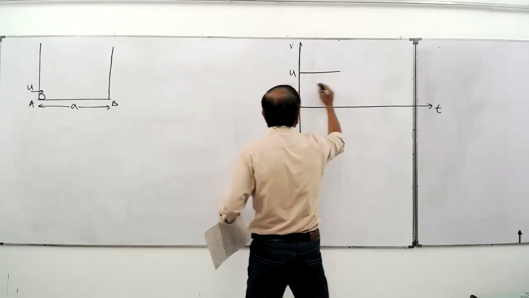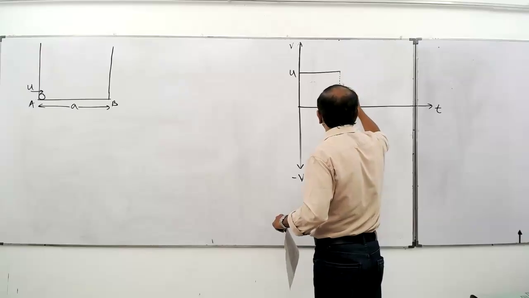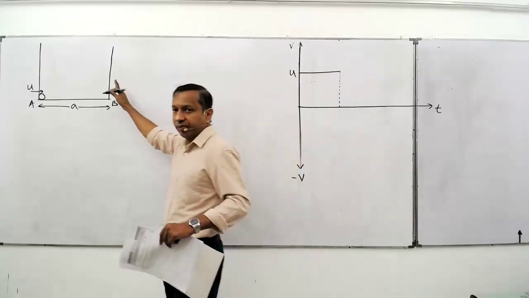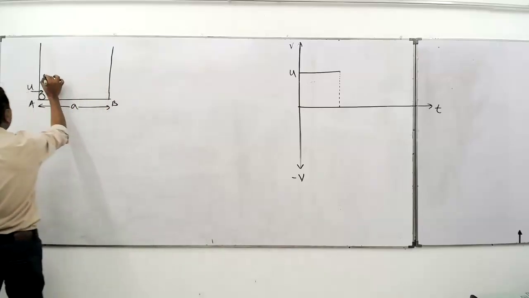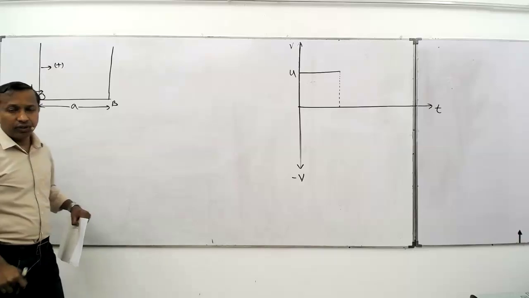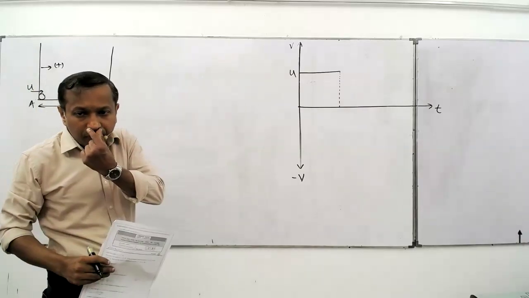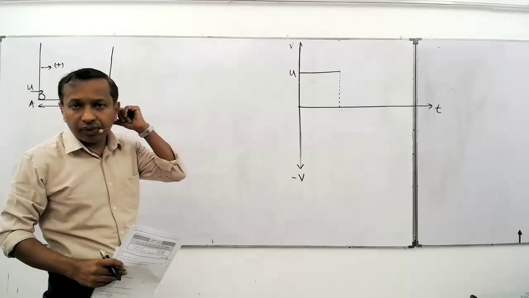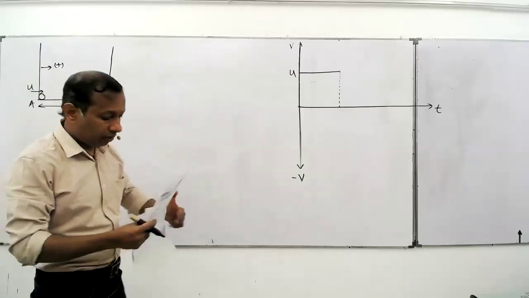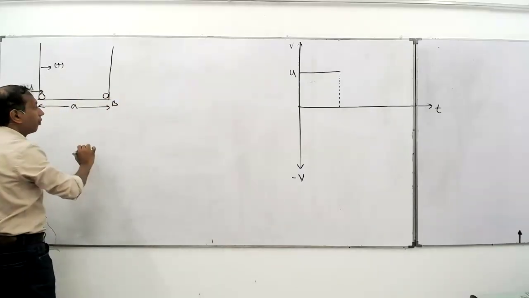Okay, this is u. This is the moment the particle strikes wall B. I took the right hand side displacement, this way, as the positive direction. Now the particle comes here, people, and strikes this.